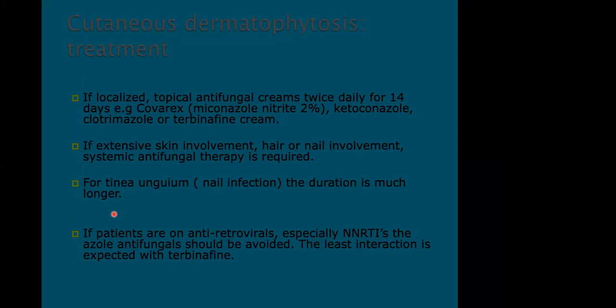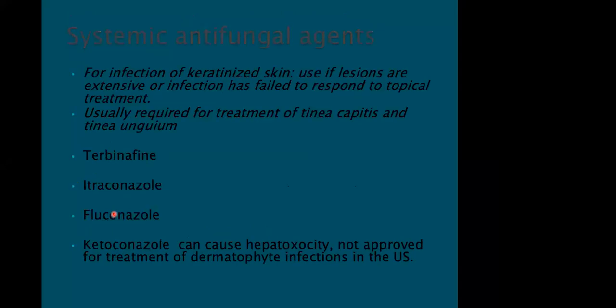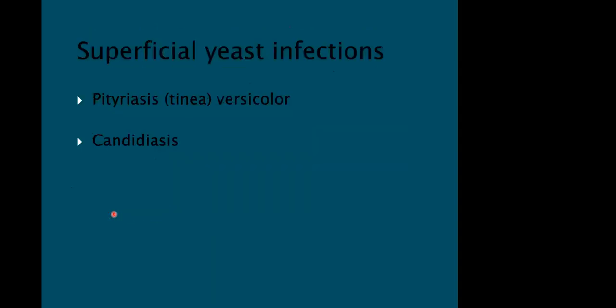For tinea unguium, generally we use systemic antifungals. Examples of systemic antifungals, we've got terbinafine, itraconazole, as well as fluconazole. For dermatophytes, ketoconazole is not approved for dermatophyte infection, but it does have its own role.